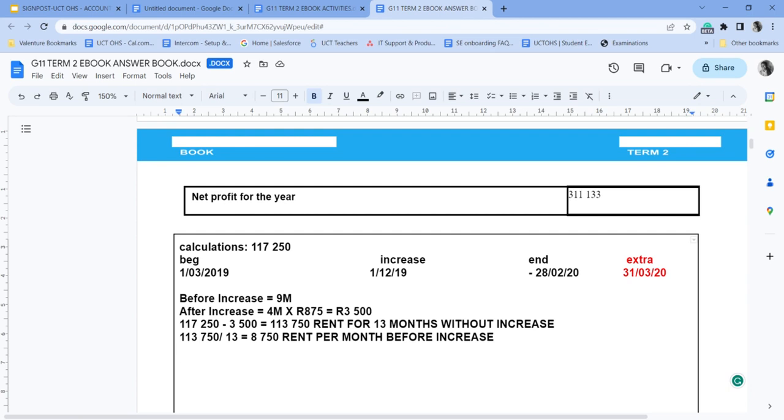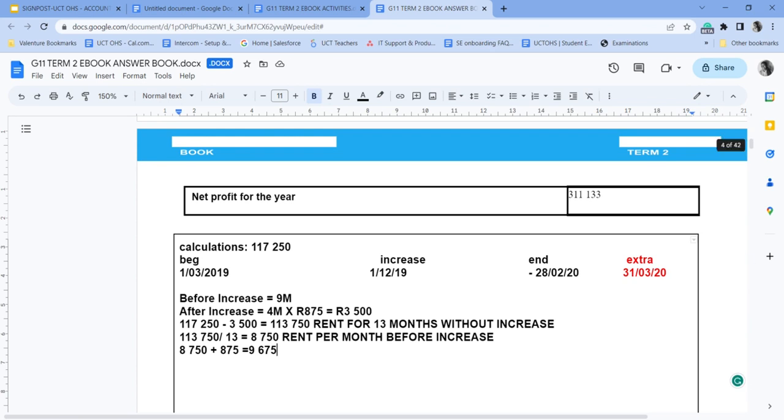So this means we say 8,750 plus the 875. So now we will be able to figure out how much was received for March. We are finding out that it's actually 9,675. That's the rent that we got for March. You get it? So just by doing this, you are done.